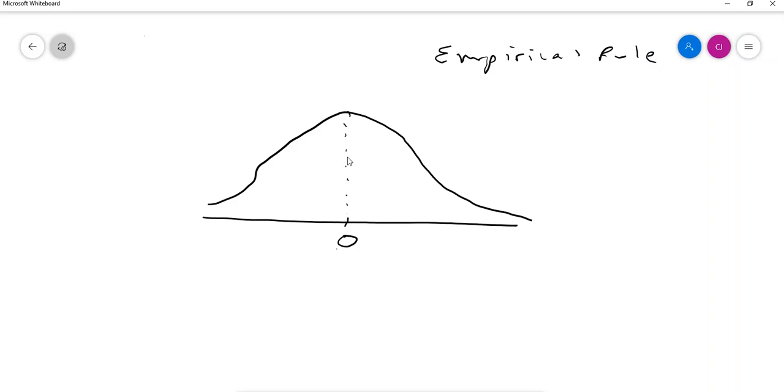And if we have 0 in the middle, I'll write over here, standard normal distribution. Mean is equal to 0, standard deviation equal to 1. All right, so the whole thing is 100%. Okay, but we need to break this thing up.